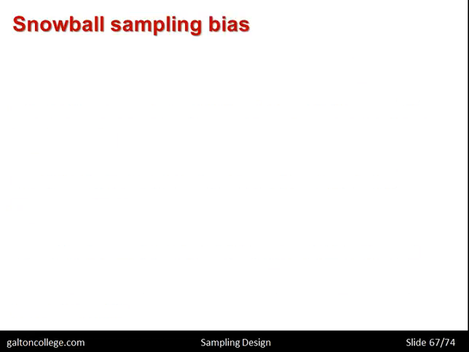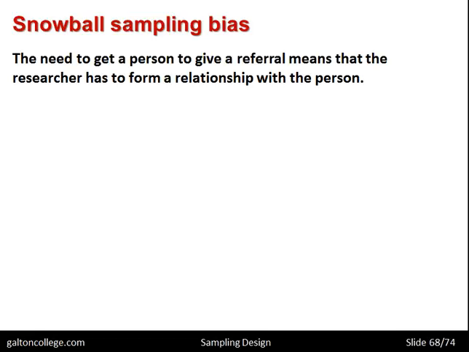Now the bias in snowballing. Well, the need to get a person to give a referral means that the researcher has to form a relationship with the person. So asking the person to refer to their friends normally means having some sort of friendship or relationship with the person being interviewed or sampled.